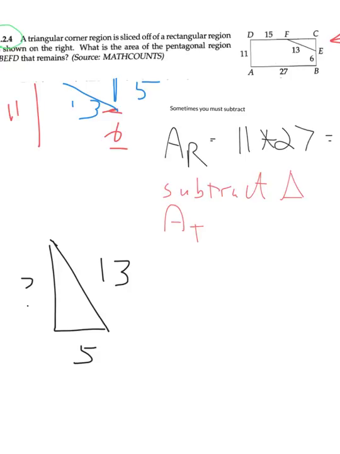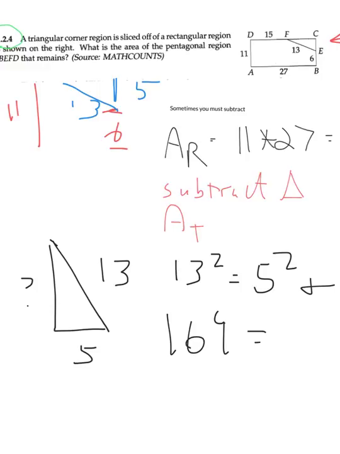Okay, so we say 13 squared equals 5 squared plus the leg squared. So we'll call it question mark squared. So 169 equals 25 plus question mark squared.